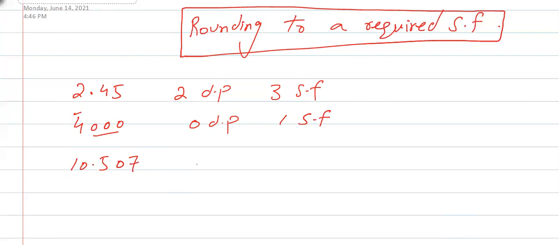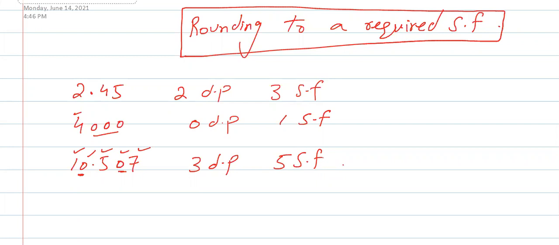Now in this case, how many decimal places are there? 3 decimal places. How many significant figures? Non-zero, non-zero, non-zero, significant. This is a trapping zero, and obviously it will be significant. So total how many significant? 5 significant.